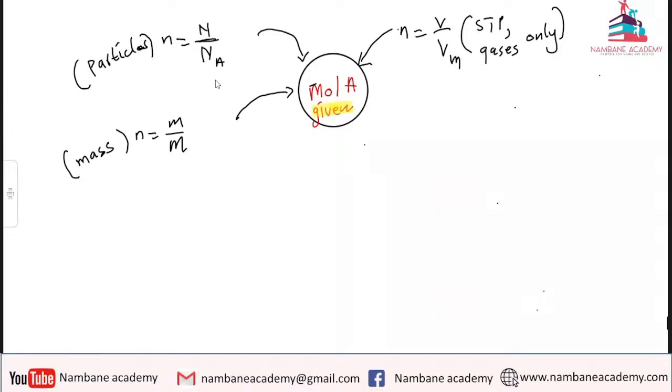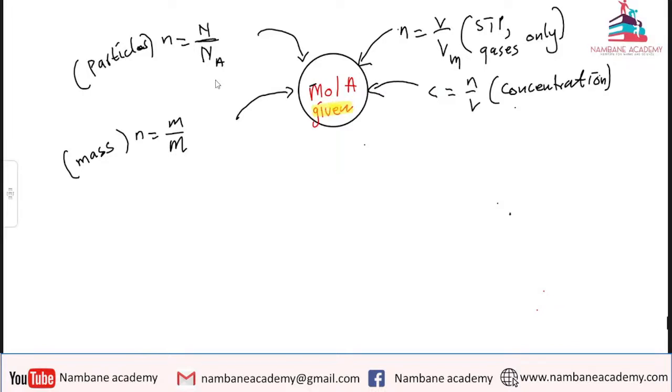Can I somehow also calculate the number of moles? Of course, when I have C equals n over V. This is when I have the concentration given to me. So all these equations are going to assist me in getting the number of moles.